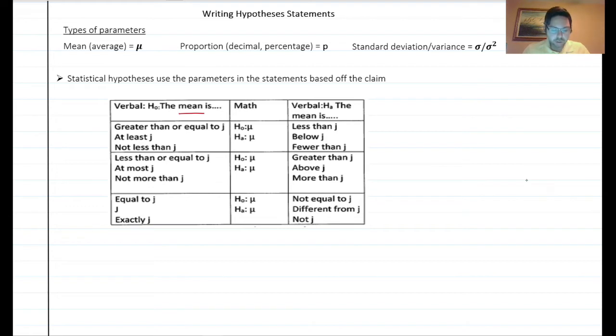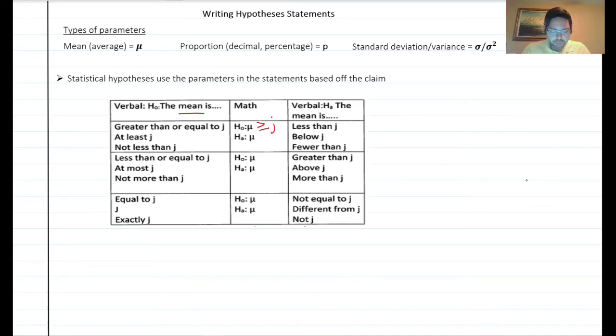If the mean is greater than or equal to j, or at least j, or not less than j, that will be considered a greater than or equal to symbol. So greater than or equal to, at least, not less than: that means the greater than or equal to symbol.